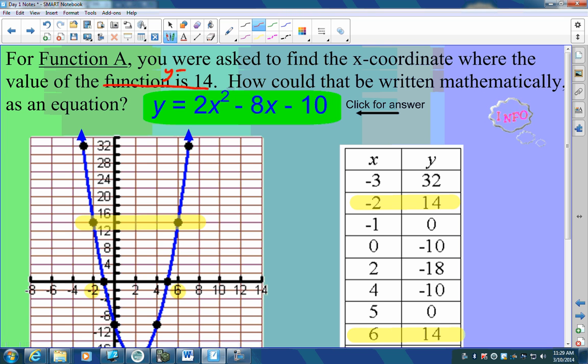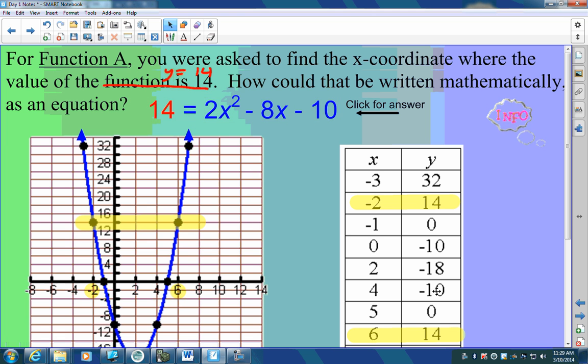Underline that right now and put y equals 14. What it wants you to do is take this equation. How do you write it so that you have y equal 14? You just put 14 in the y spot. And when they give you this function and they say where y is 14, what you are looking for is this right here. You're trying to find the x numbers that satisfy that.